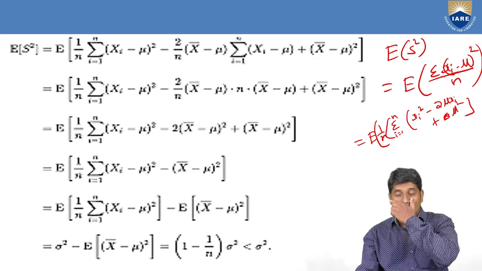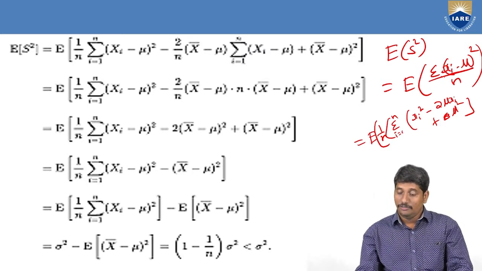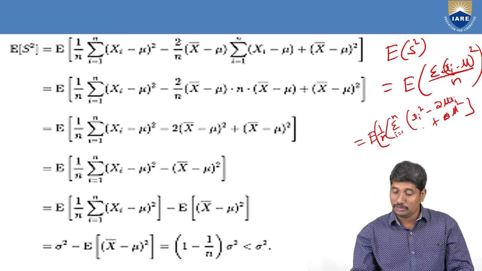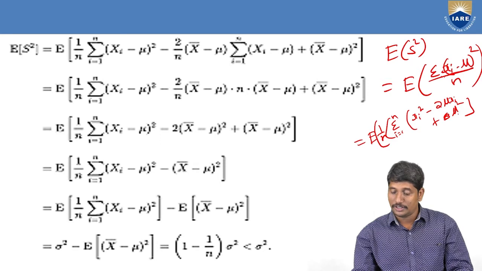By expanding (a minus b) whole square, we observe that it will be equal to xi square minus 2 mu xi plus mu square.